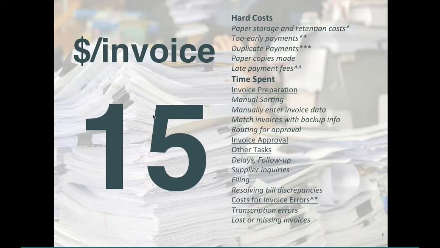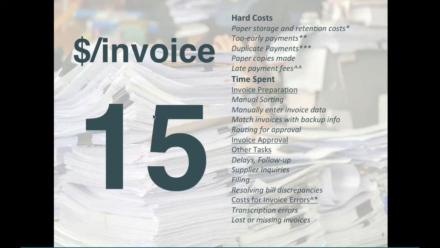The reality is, and I won't go into too much depth here, the majority of payments start with an invoice that needs to be paid. And while it should be in our heads a simple process to receive an invoice, code it, approve it, there's a lot of little things that go in. And on average, you're looking at $15 per invoice.